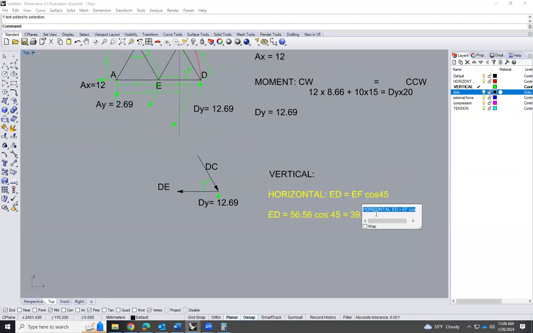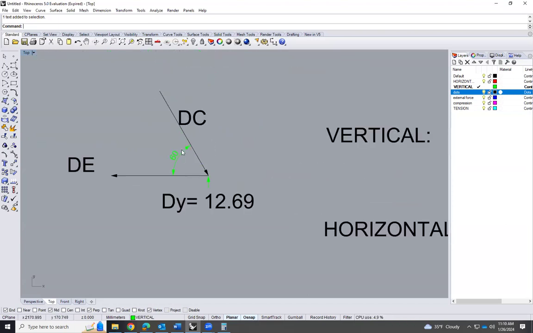Here. So what's the vertical equilibrium? We have 60. This DC has a vertical component.